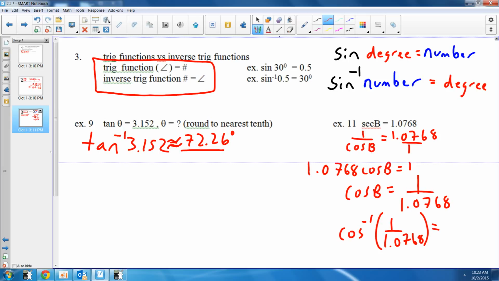And then at this point, you would plug it in your calculator, and you end up with 21.77 approximately. Degrees.